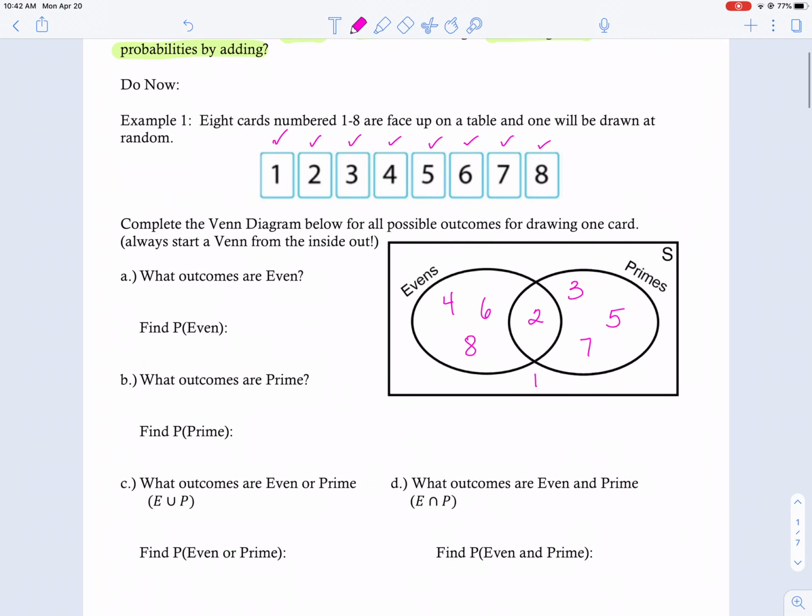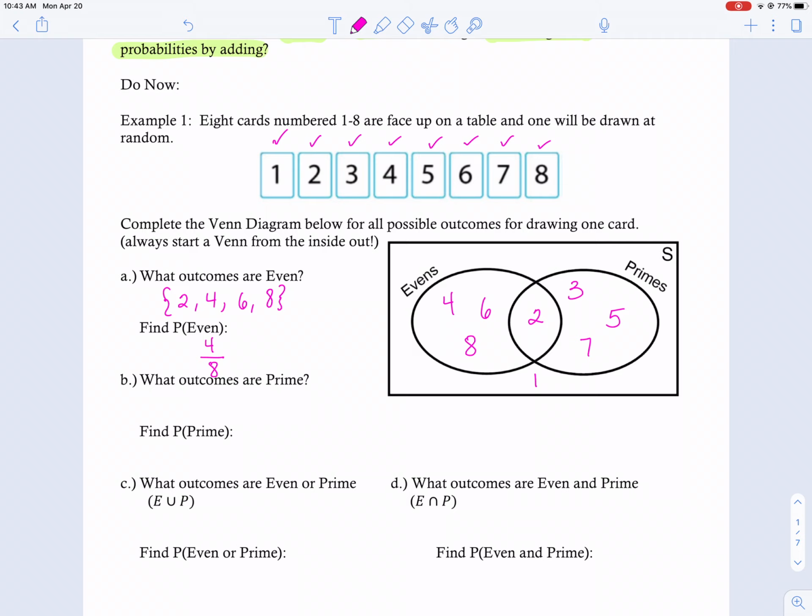Okay, so let's answer some questions. What outcomes are even? Some of the even outcomes are 2, 4, 6, and 8. So what is the probability of drawing one card and it being even? 4 out of 8.